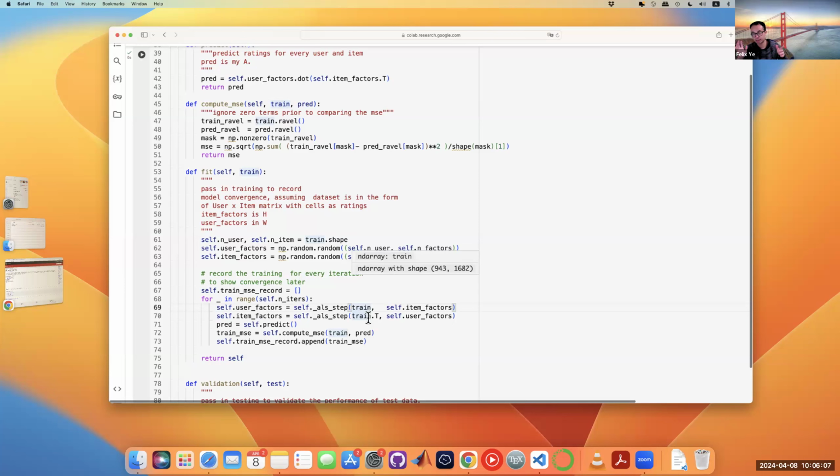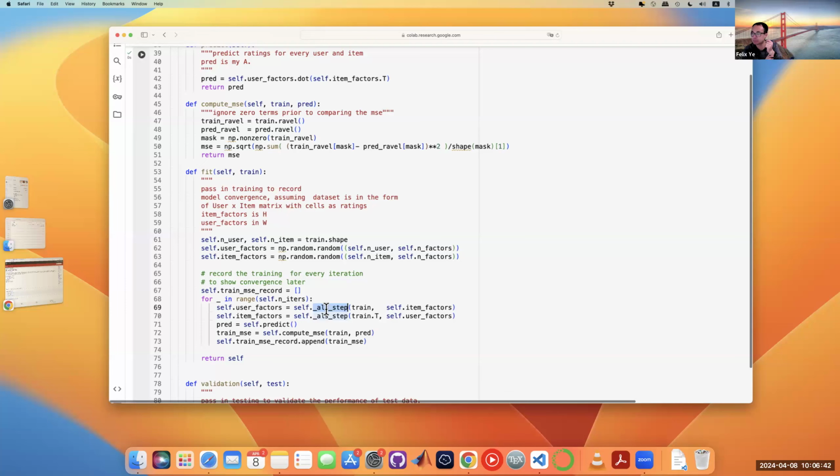So everything is just flipped between W and H. You can use exactly the same formula that we already have for W, applied to H. This way you only need to write one ALS function, by taking advantage of the symmetry of W and H in this dot product, using this universal ALS step.